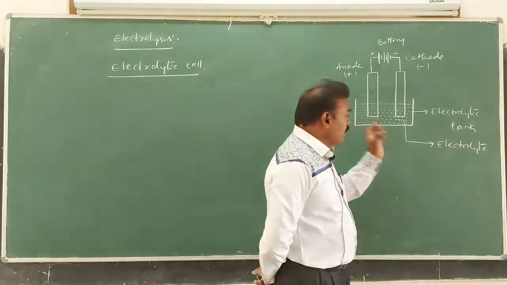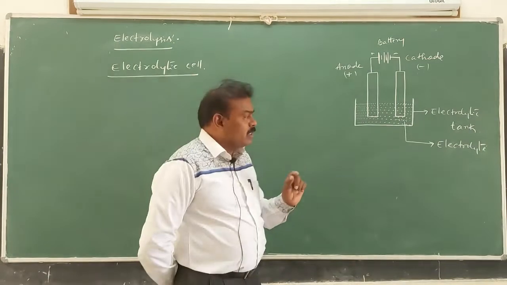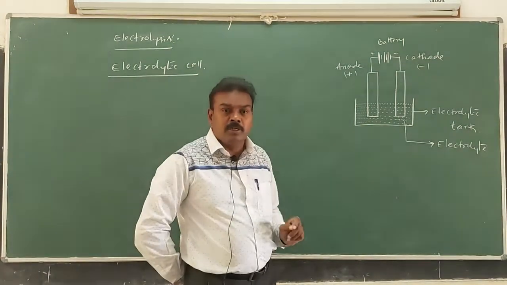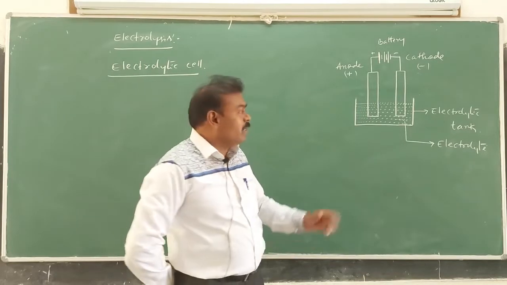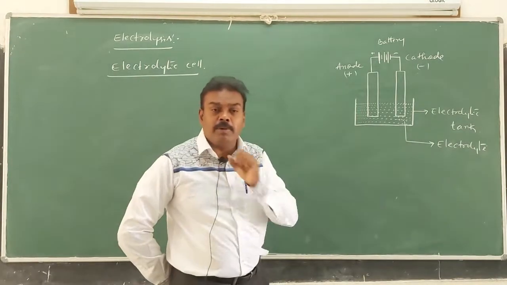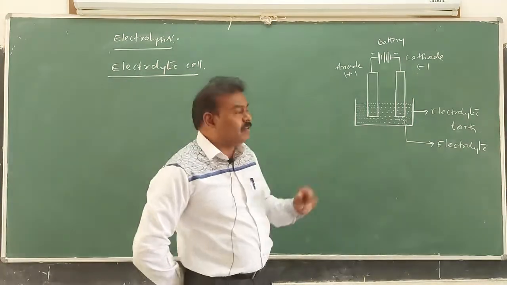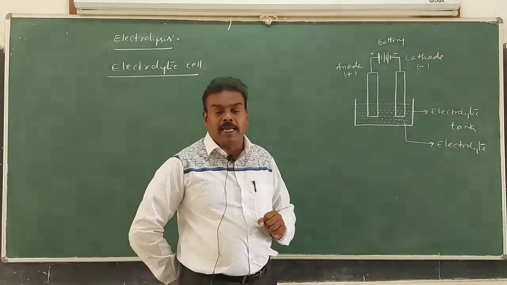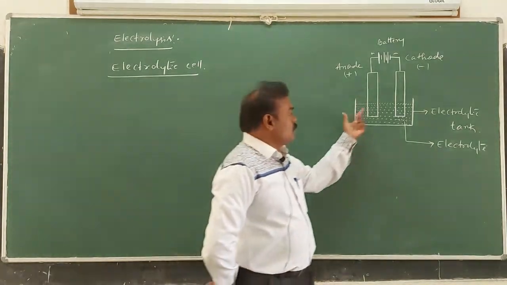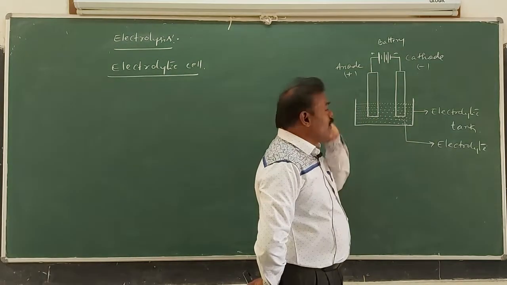What is that electrolytic tank? It is a container made of substances like glass, wood, or bakelite. By means of glass, bakelite or wood we can prepare the electrolytic tank. Next, electrodes. It contains the electrodes, one cathode and one anode.